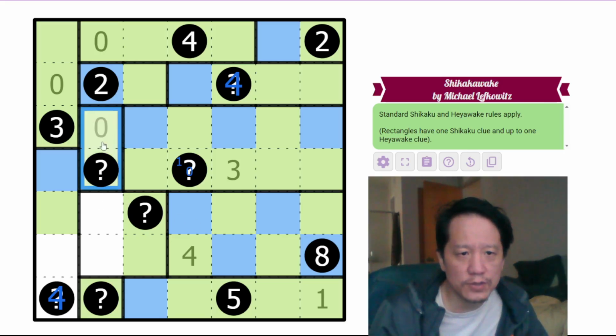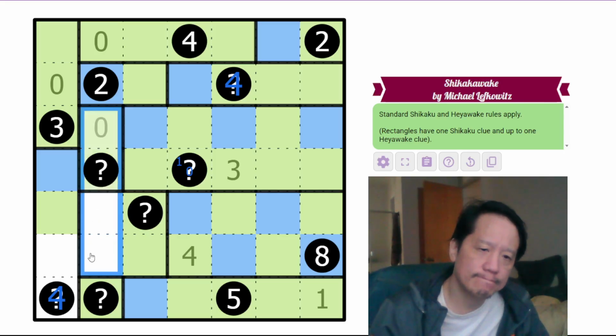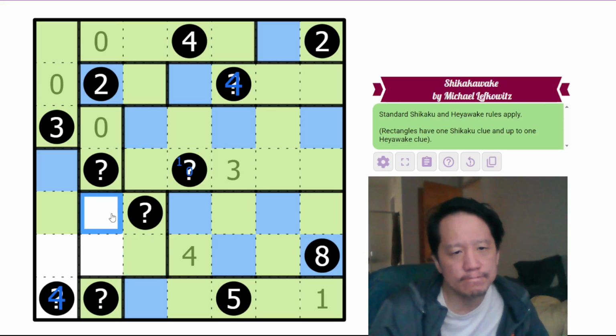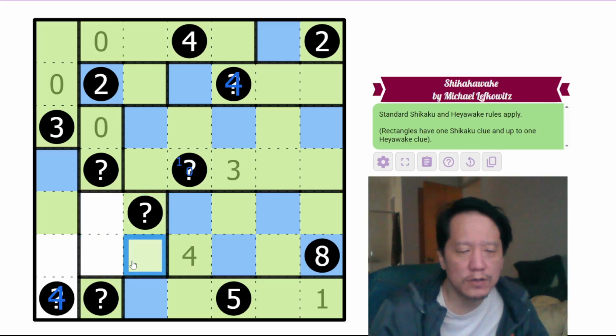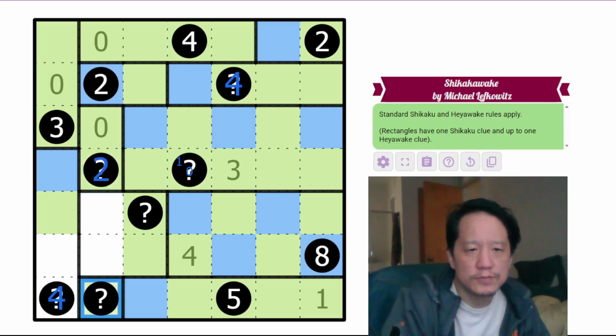So this is 2. How does the shading here work? So this is 2, this is 1, and obviously this is 4.